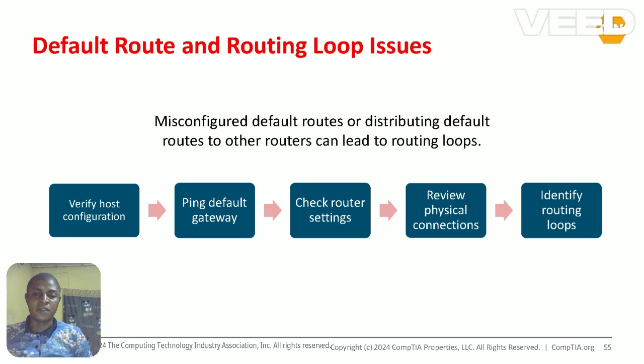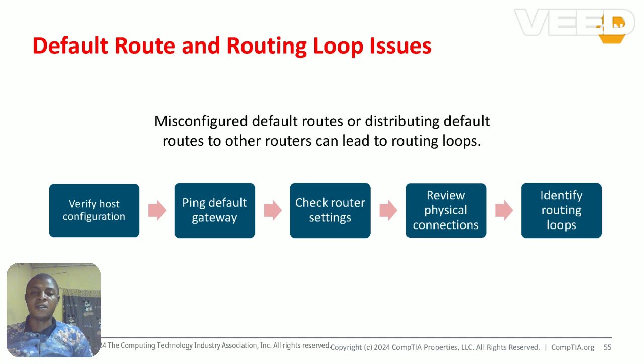Now, how do you fix it? Verify the host configuration. Ping the default gateway, that is solution number 2. Check the routing settings, that is solution number 3. Review the physical connectivity, that is solution number 4. Identify the routing loop. By the time you go through all this process, you definitely solve the problem of default routing and routing looping issues.